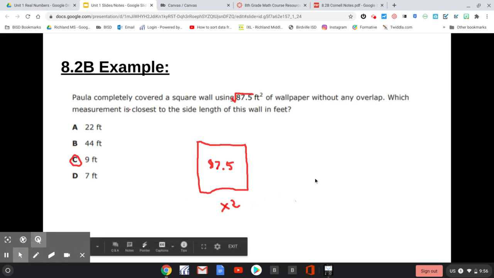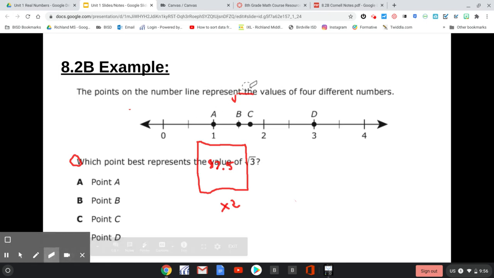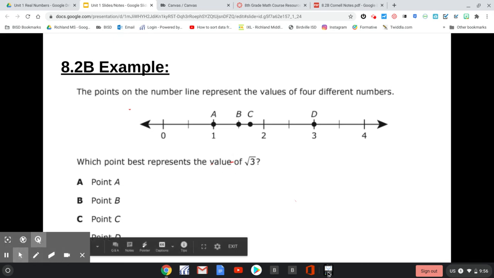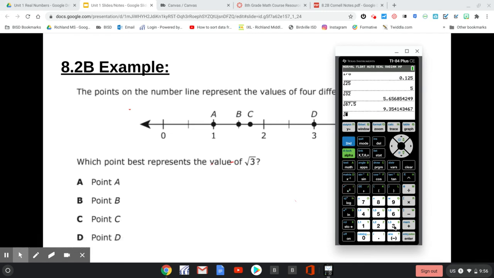Okay, let's look at the next one. So we see these values on the number line. There are 4 different values, and they want to know which point best represents the square root of 3. So first of all, you need to figure out what the square root of 3 is. Second square root 3, enter.